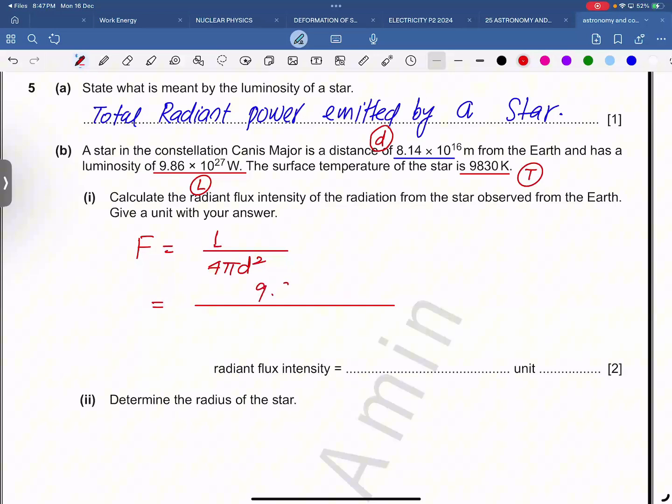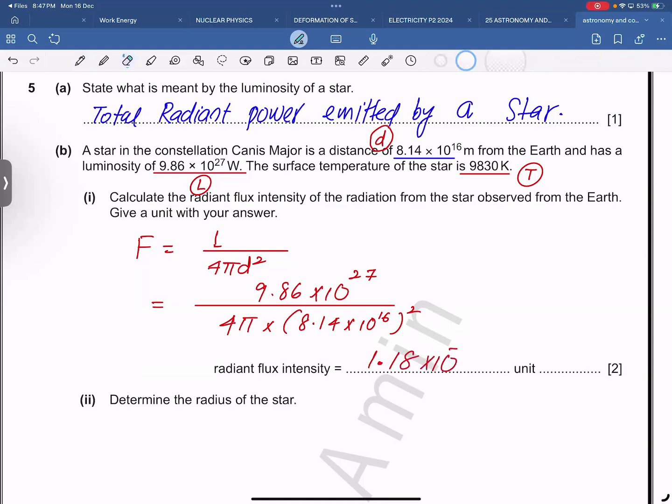Luminosity is 9.86 times 10 to the power 27, over 4 pi times 8.14 times 10 to the power 16 squared, which gives 10 to the power minus 7 watt per meter squared.